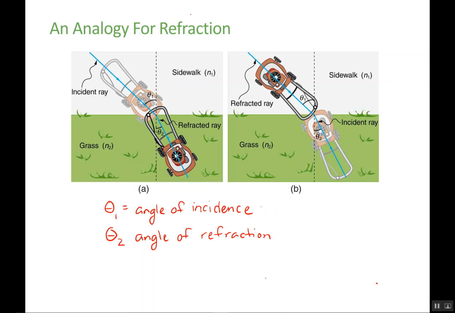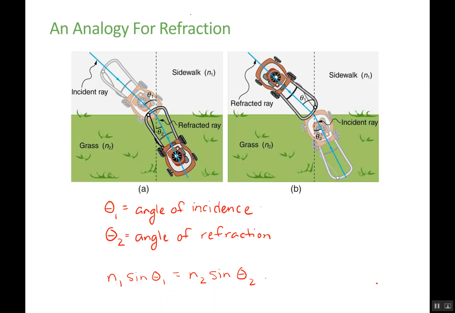If we consider a situation like what's pictured here in panel A, where theta 1 is the notation for the angle of incidence and theta 2 is the notation for the angle of refraction, then Snell's law is this.